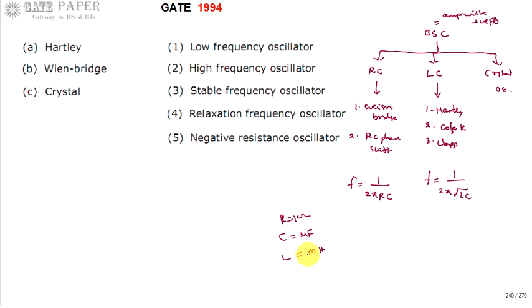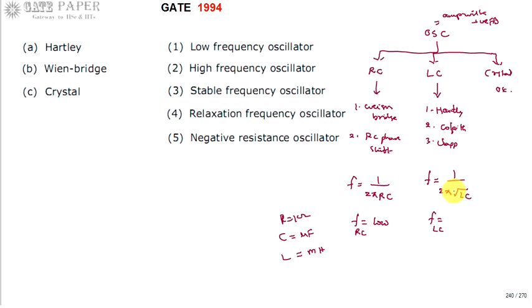Milli is 10 power minus 3, kilo is 10 power plus 3, micro is 10 power minus 6. So the frequency of an RC oscillator is low compared to the frequency of an LC oscillator, because L is in the range of 10 power minus 3 and C is in the range of 10 power minus 6.